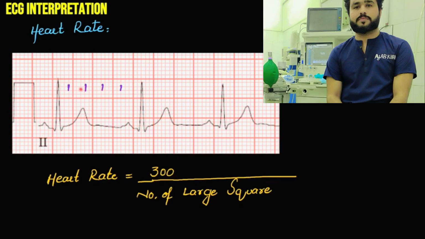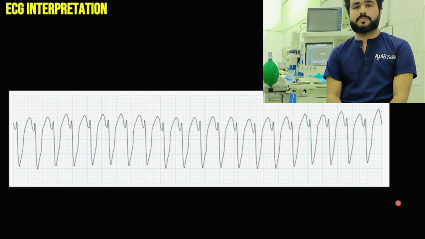So we almost have 4 large squares between the QRS complexes. 300 divided by 4 is 75 beats per minute. So in the square counting method, it was 75. In the 300 method, the rate is also 75. So these are different methods that you can use to calculate rate on ECG.